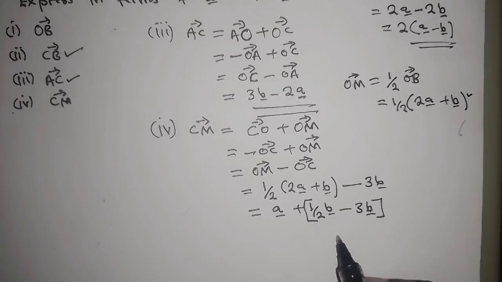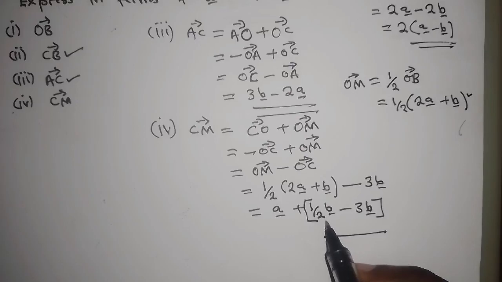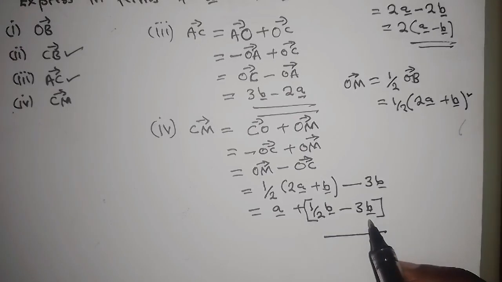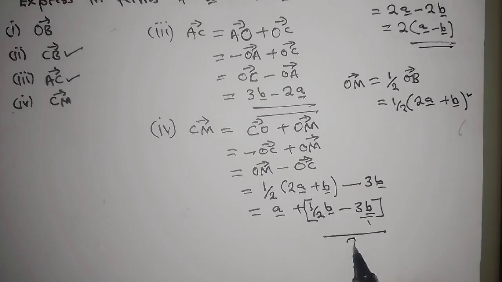So these can be put as like terms because it's vector B, vector B. So we can simply find the lowest common denominator. This one has a fraction with a denominator of 2, this one doesn't, so we put it over 1. So the lowest common denominator is just 2.